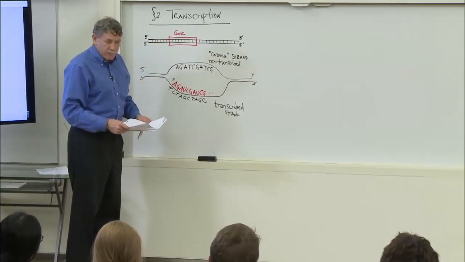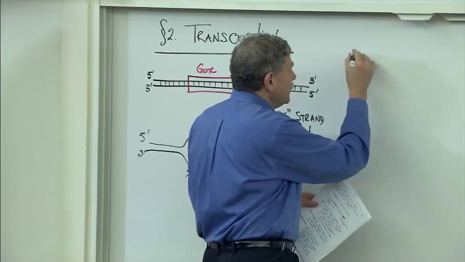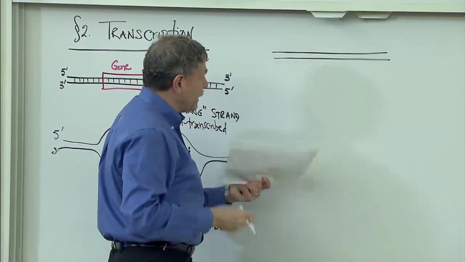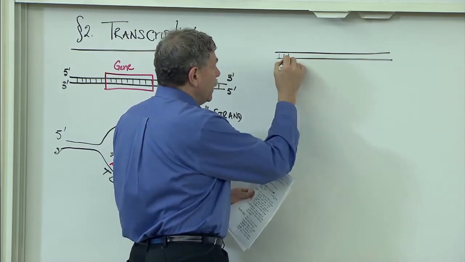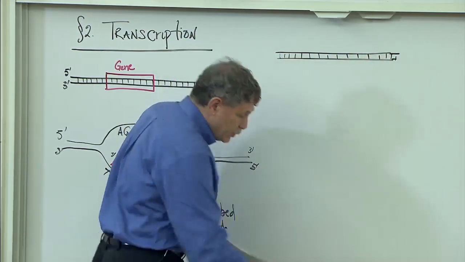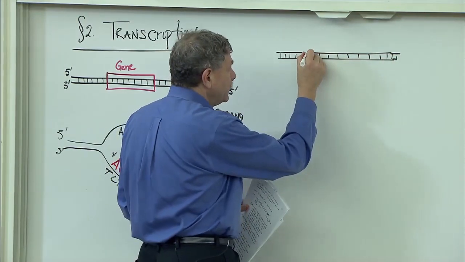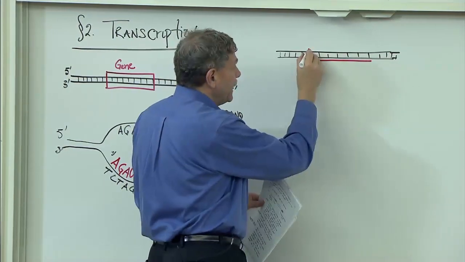This is extremely simple. Now, I told you this gene was a segment of the DNA on this chromosome. The portion of it that is going to be transcribed into RNA, let's say here, will transcribe into RNA.